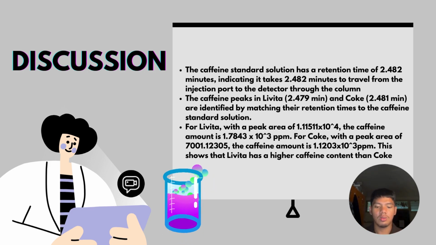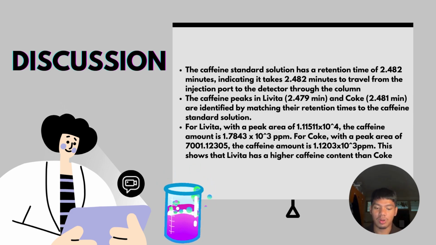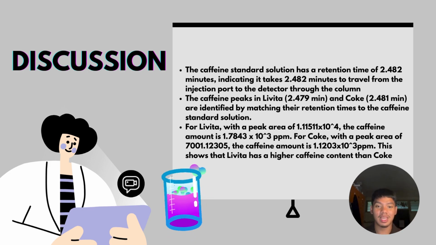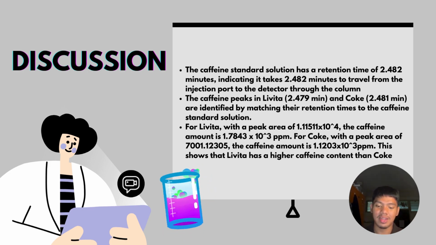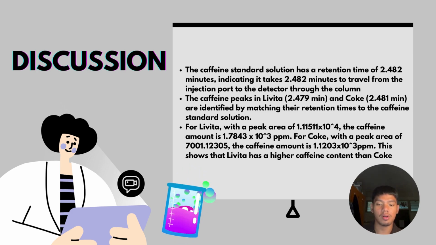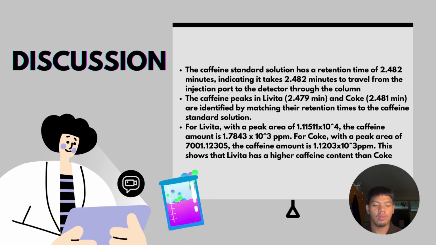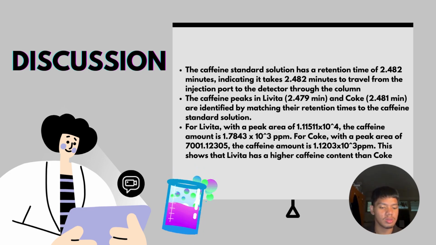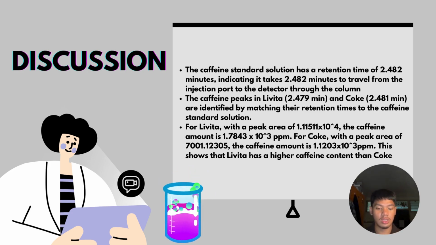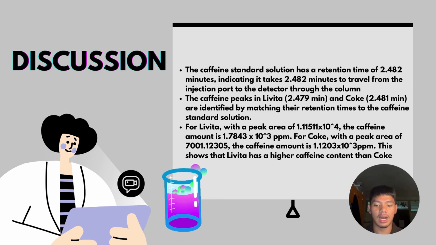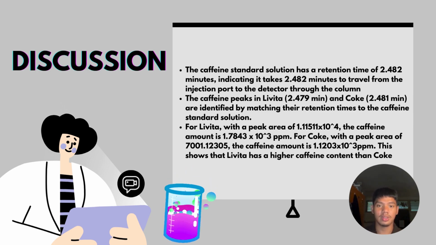For Levita, with a peak area of 1.11511 times 10 to the power of 4, the caffeine amount is 1.7843 times 10 to the power of 3 ppm. For Coke, with a peak area of 7001.12305, the caffeine amount is 1.1203 times 10 to the power of 3 ppm. This clearly shows that Levita has a higher caffeine content than Coke.